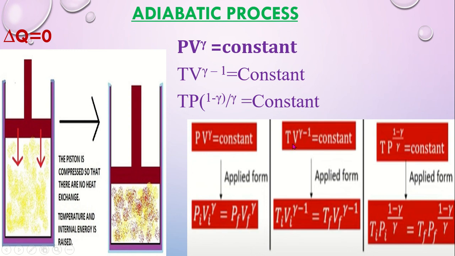Then for temperature and volume, the relation can be written as Ti Vi to the power gamma minus 1 equal to Tf Vf to the power gamma minus 1. And for temperature and pressure, it can be written as Ti Pi to the power (1 minus gamma) by gamma equal to Tf Pf to the power (1 minus gamma) by gamma.